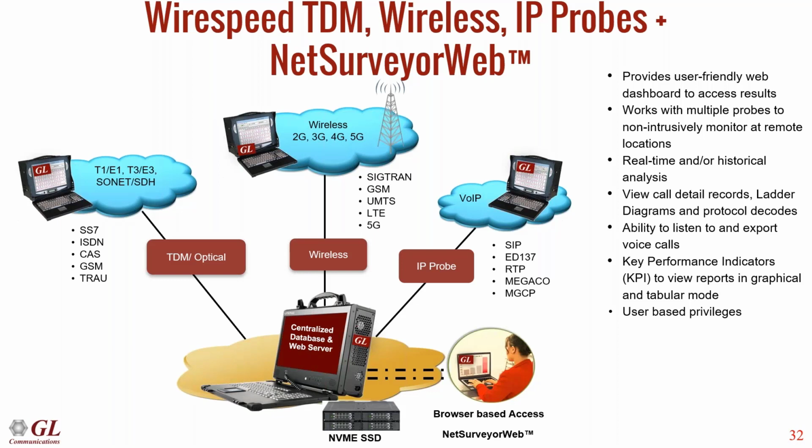Once we have this data available in the database, multiple users can log into our server using a simple web browser, and they can perform analysis on traffic, like a particular call analysis, or look into the graphical statistics and perform various analysis on those calls.